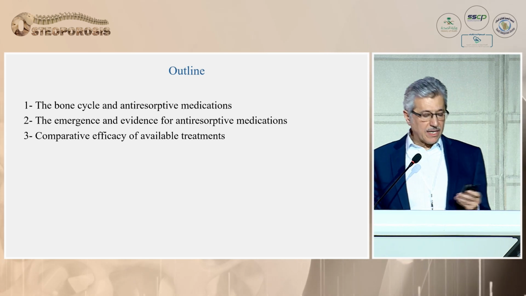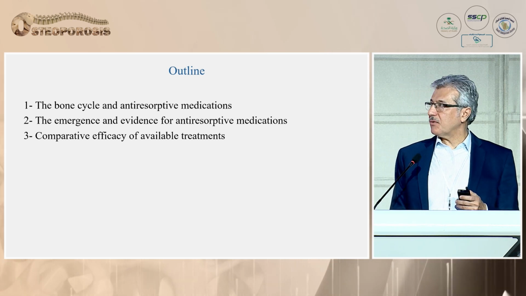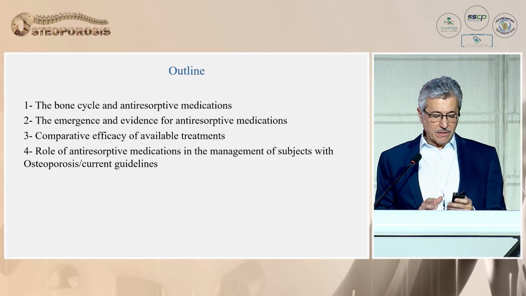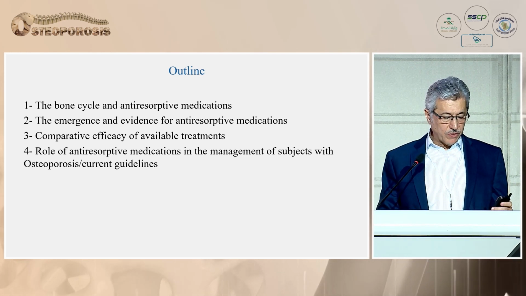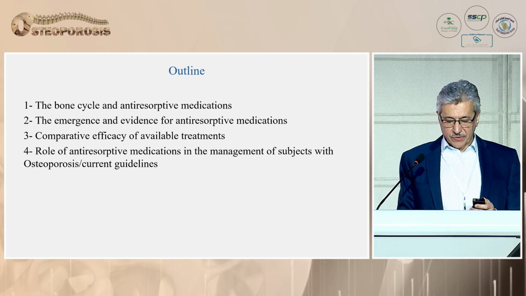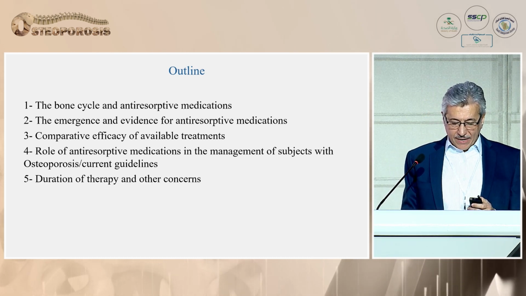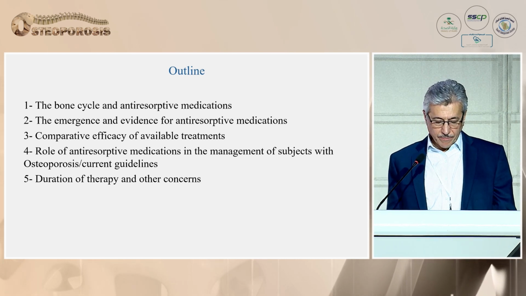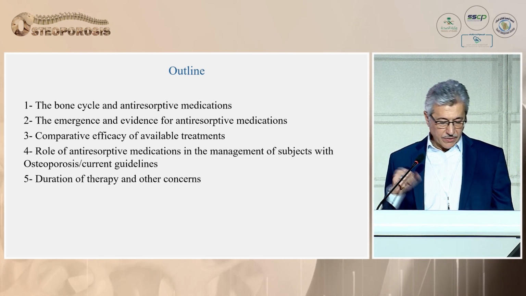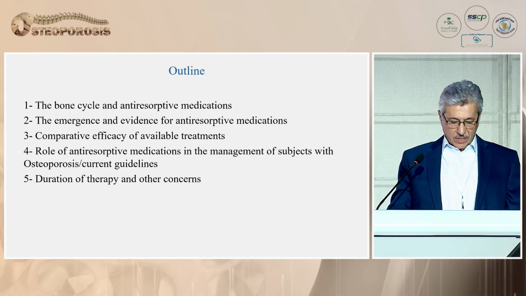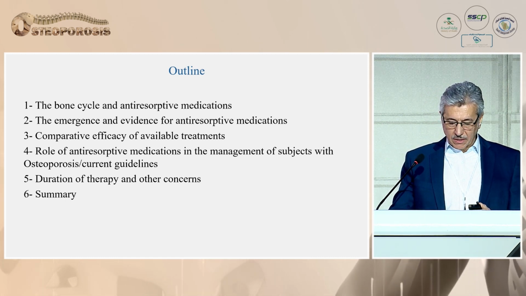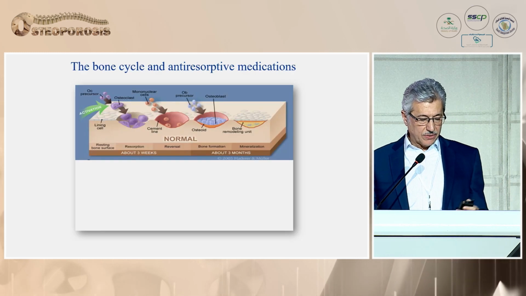Comparative efficacy, can we compare the efficacy of those agents, and then their role or position within the algorithm of different guidelines. And finally, just a quick touch on some concern in the therapy, using those agents and duration of therapy, and then summarize.